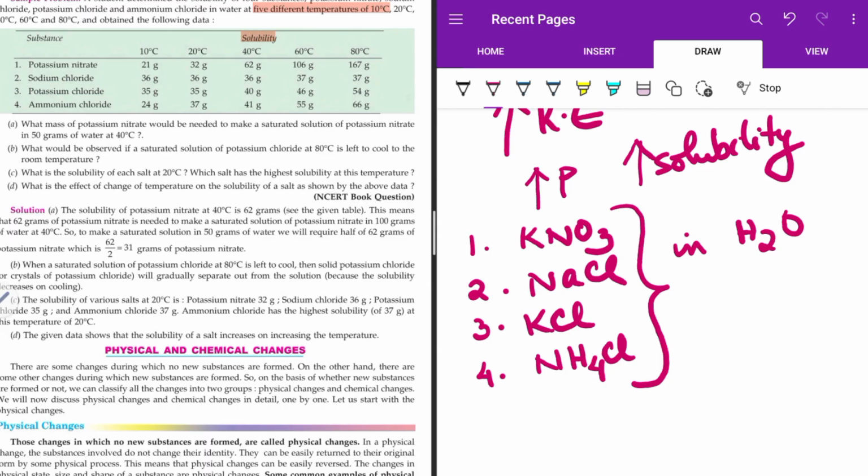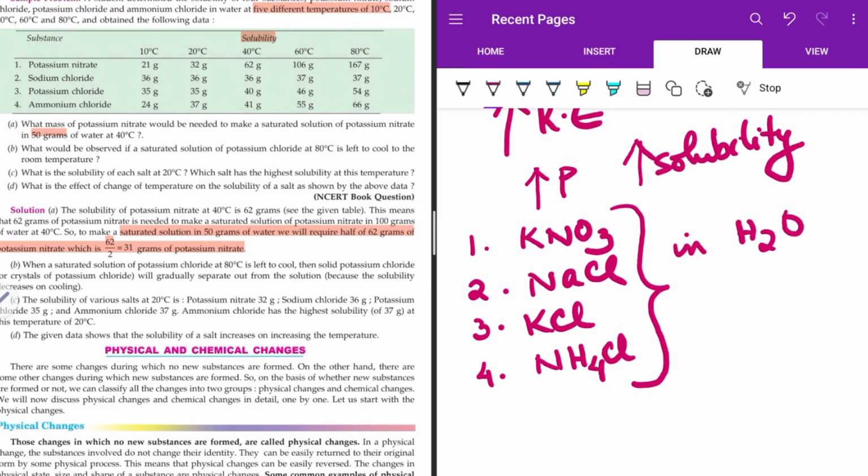So the particular temperature is 40 degrees Celsius. So at 40 degrees Celsius, 100 gram of water can dissolve 62 gram. So if you have to find in 50 gram, that means half the mass of water, then obviously this will also become half the mass. So 62 by 2 is equal to 31 gram of potassium nitrate.